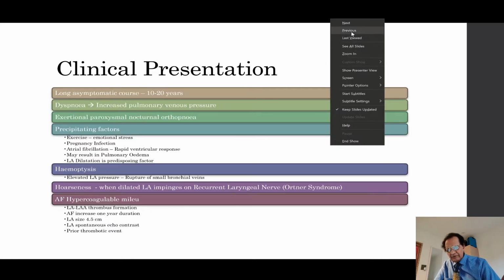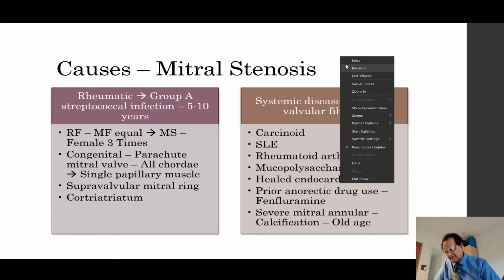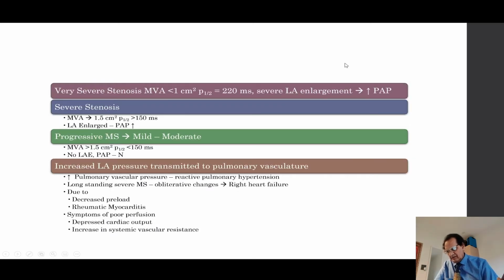So the clinical presentation. What happens? Very severe mitral stenosis, by definition, is less than 1 square centimeter, with a pressure half time of 220 milliseconds, LA enlargement and increased pulmonary artery pressure. This is in a nutshell severe mitral stenosis.